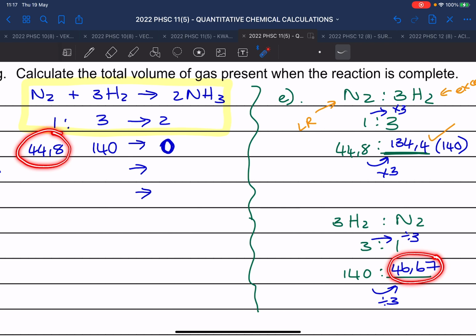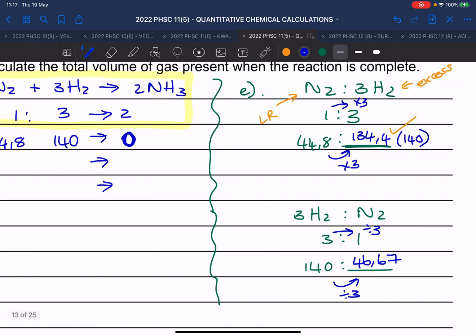How much do I have? 44.8. Do I have enough? No, I do not have enough. So I only have 44.8, meaning I don't have enough. So proven again, that is the limiting reagent, and that is in excess. Okay, so we've proven the same thing twice.